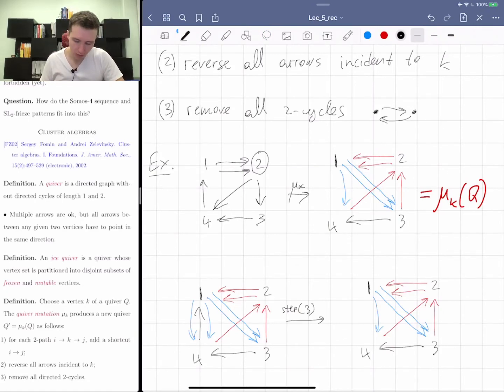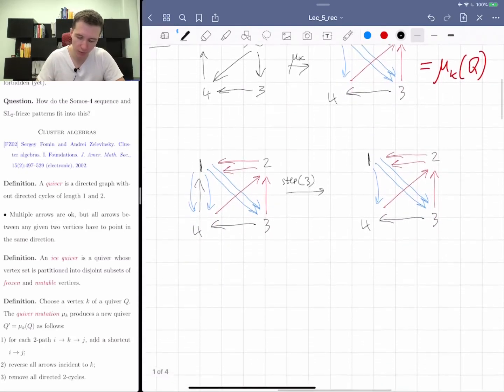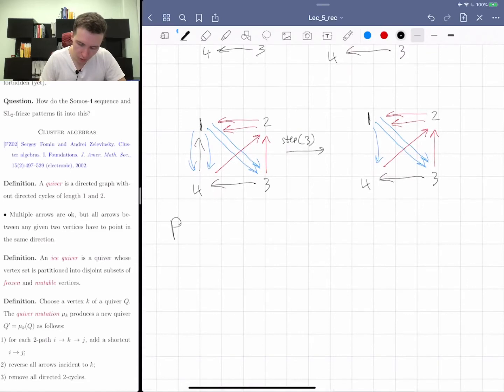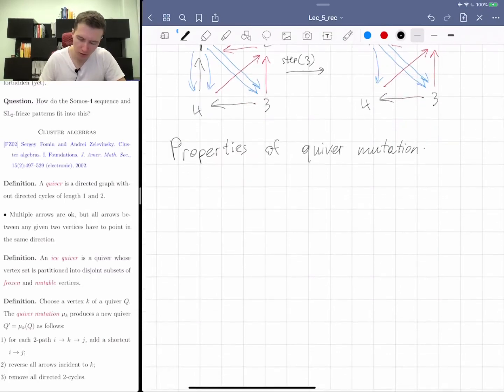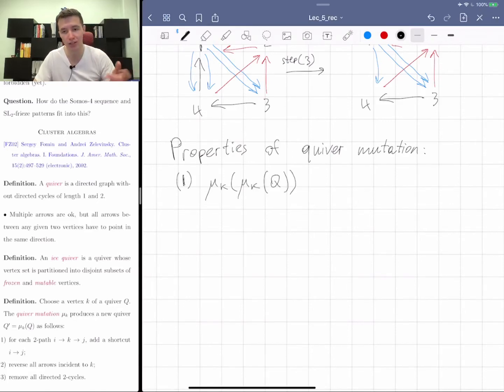Now let me try to mention some of the properties of quiver mutation. The first property, that's kind of the most important one: try to pause the video and think about what happens if I apply quiver mutation twice at the same vertex.